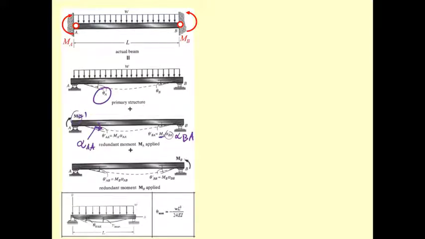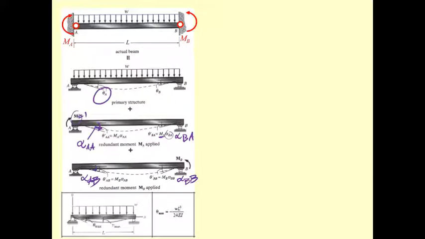This is applied at B, so the slope at B, due to the moment of 1 unit applied at B. This is going to be the slope at A due to the 1 unit applied at B.